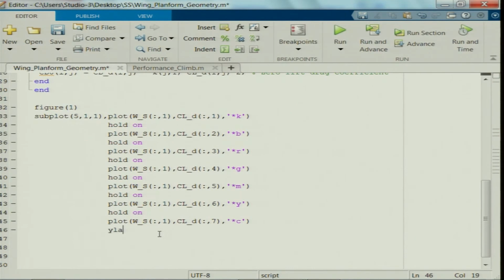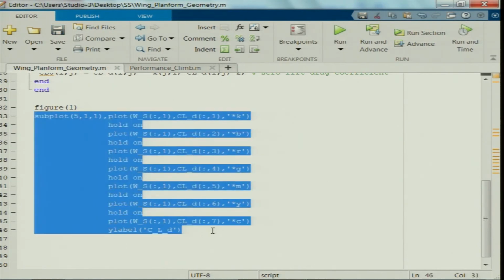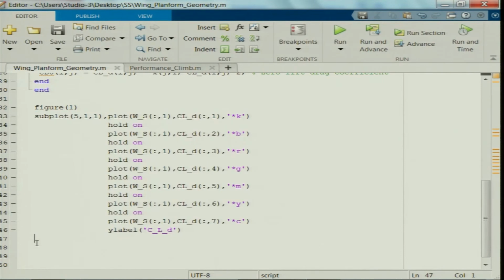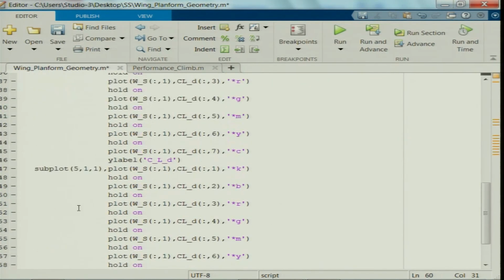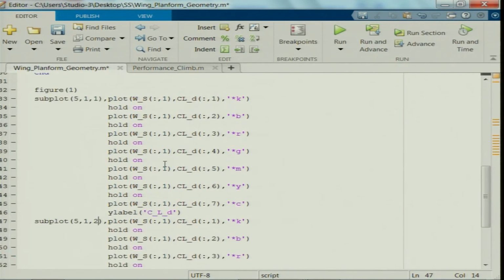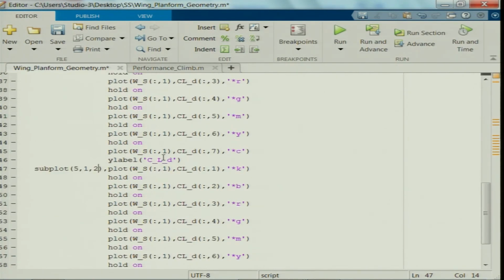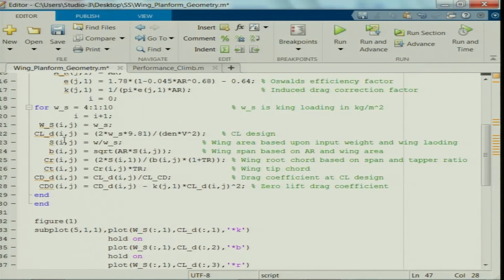But by label what we can mention is design CL, C underscore L underscore D. The second plot, we want to see how the area is varying, right?